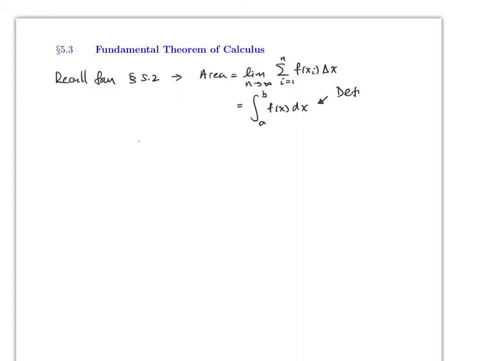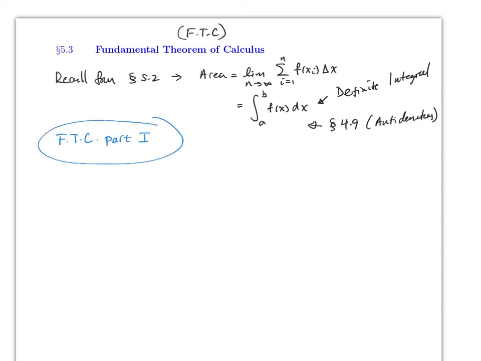called the definite integral. Now from section 4.9, remember in section 4.9, I started calling this antiderivatives. So this is going to be the easy way to do this. Okay. So the fundamental theorem of calculus, that's what I'm going to call it. So now let me go to fundamental theorem of calculus part 1, which is the most useful part.